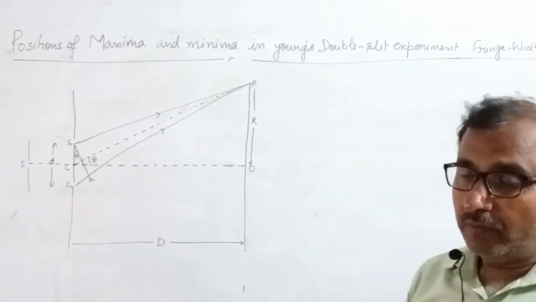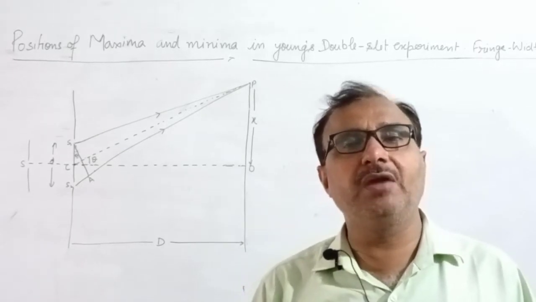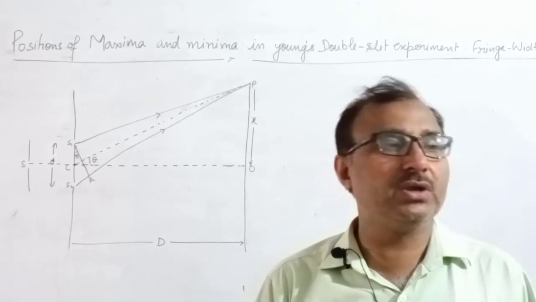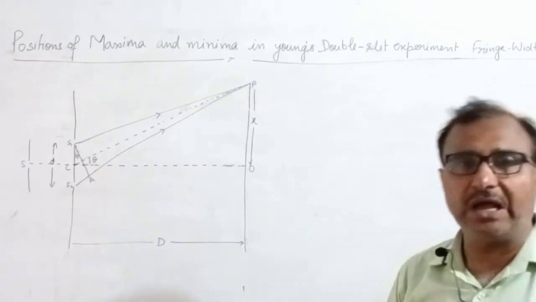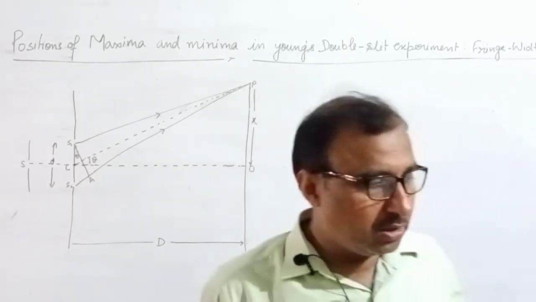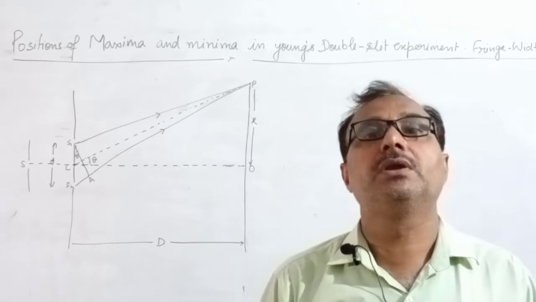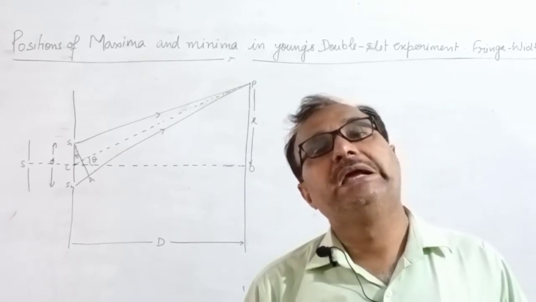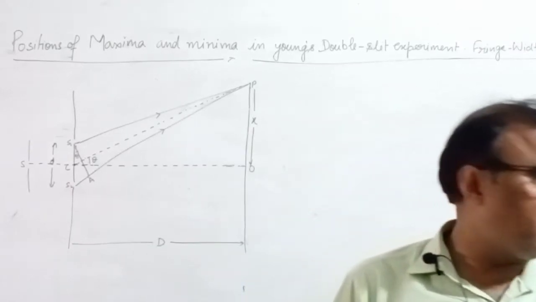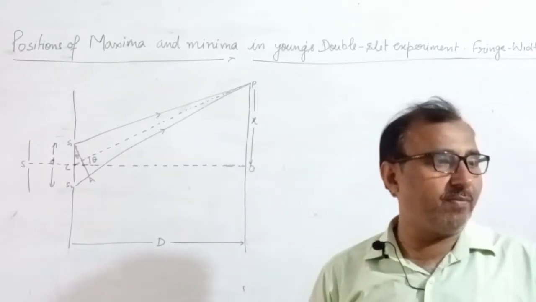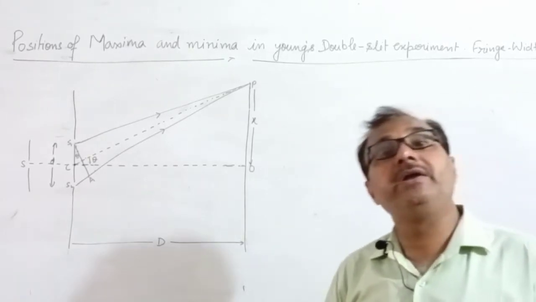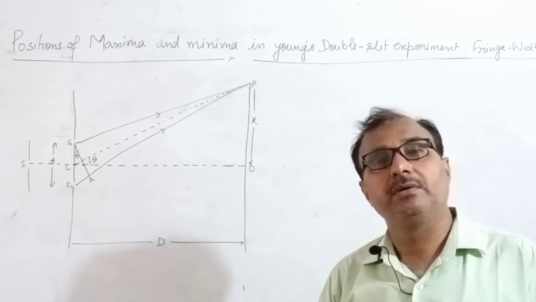You all know, when two light waves of the same frequency travel in a medium simultaneously, then due to their superposition, at some points the intensity of light is maximum, while at some other points the intensity of light is minimum. This phenomenon is known as interference of light.